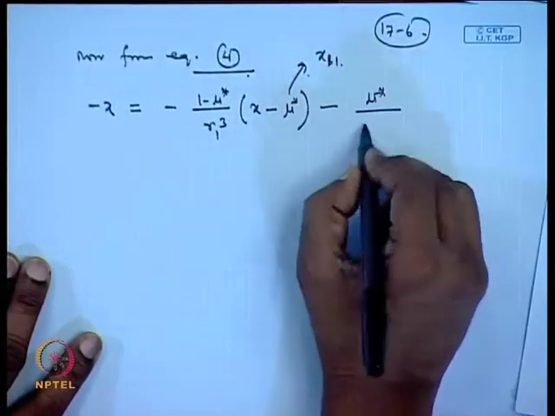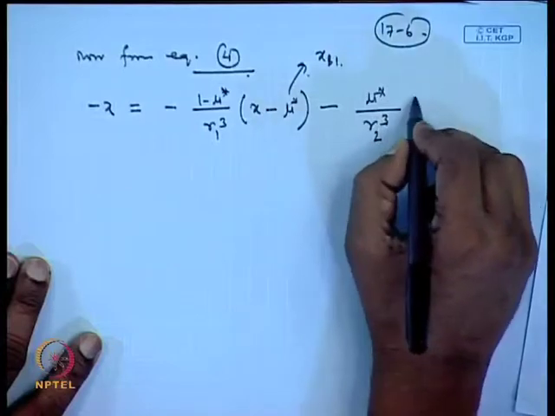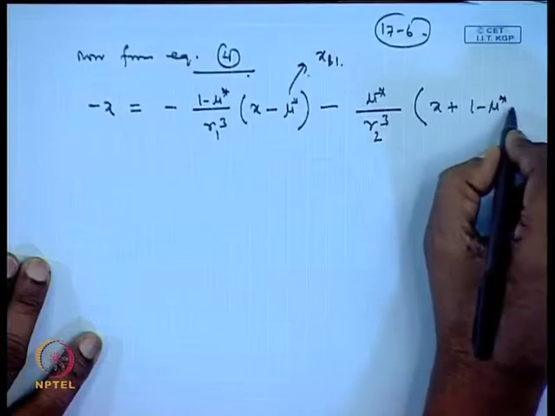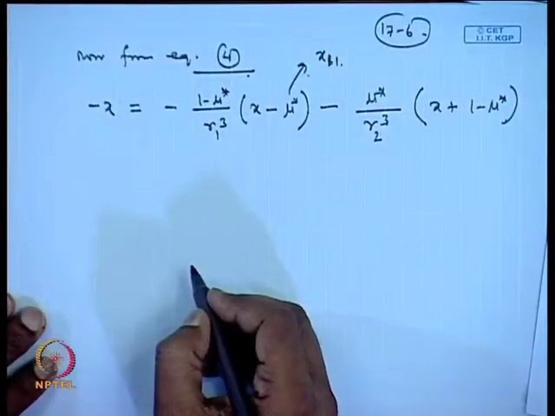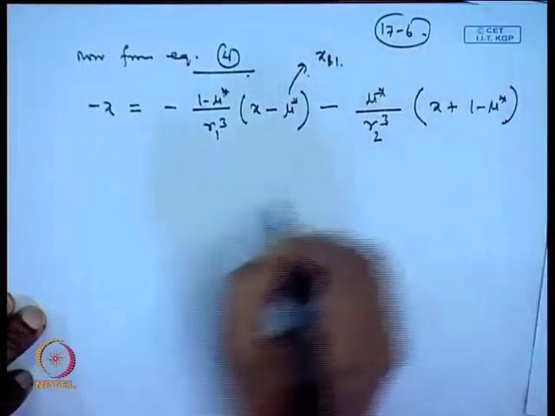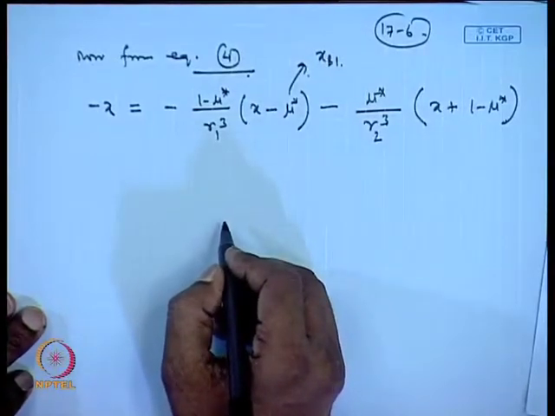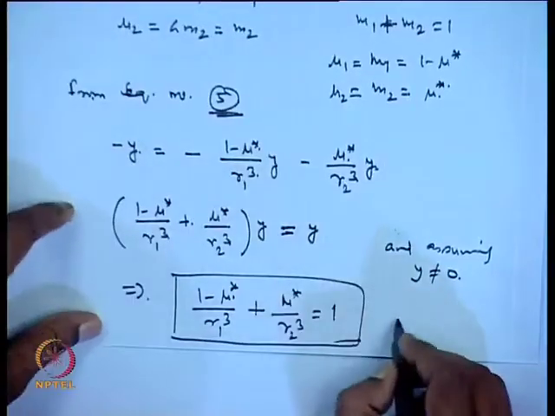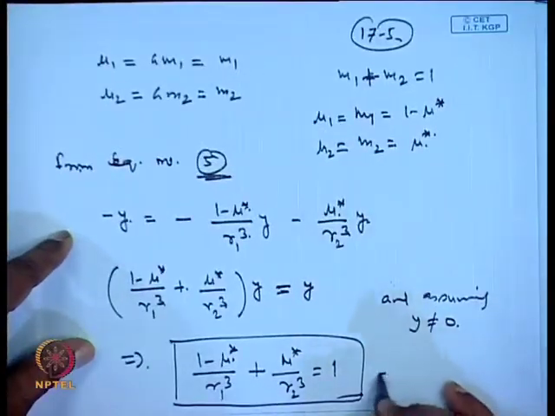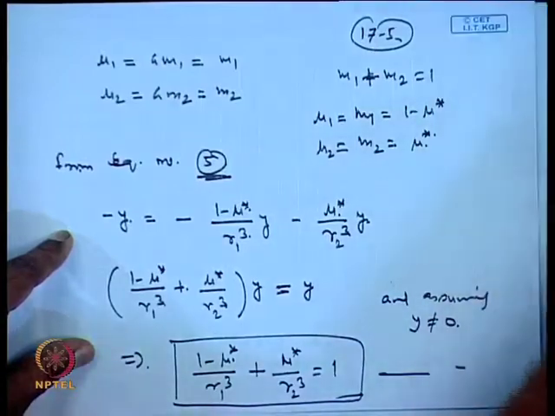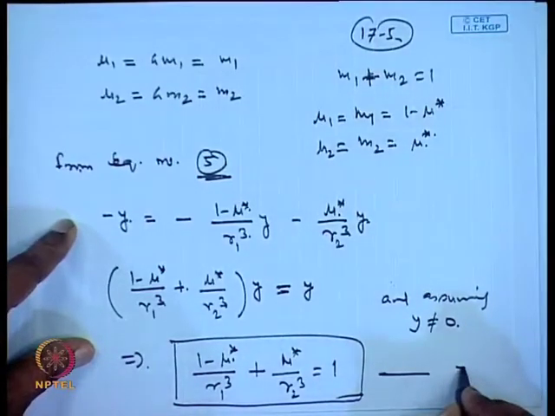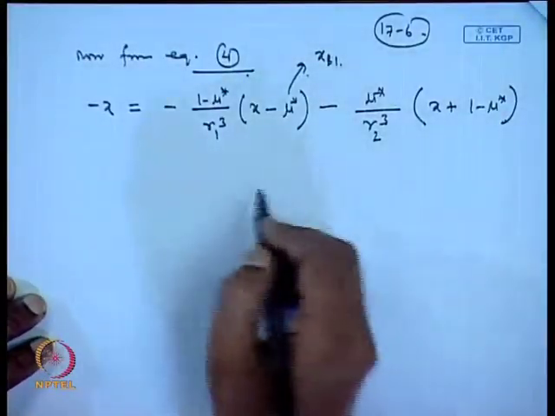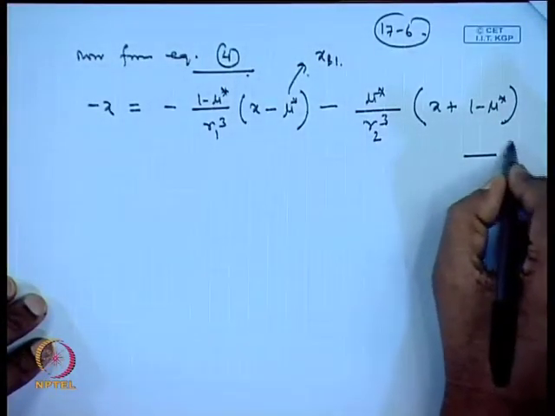So, minus mu star by r 2 cube times x plus 1 minus mu star. Okay. So, the solution that we got here, we can write as equation number 7. Let us say this is equation number 8.